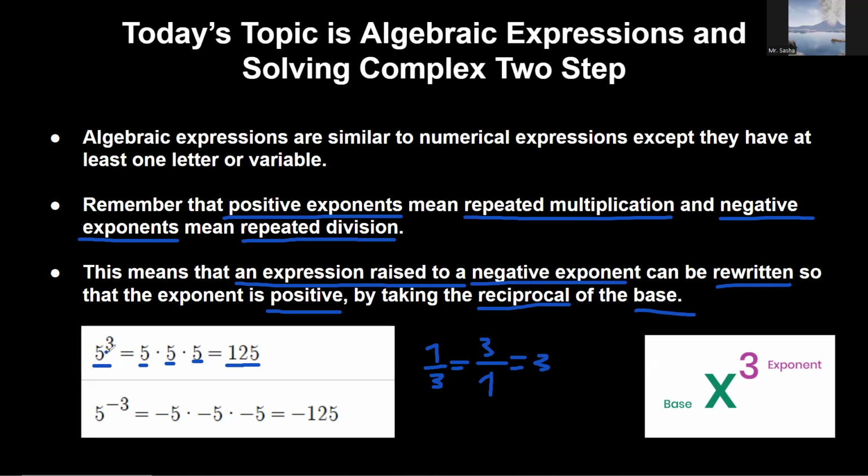This is a positive exponent. Here we have a negative exponent: 5 to the negative 3, which means we multiply negative 5 three times. Negative 5 times negative 5 times negative 5 is equal to negative 125. And here is an example where the base is x and 3 is the exponent.